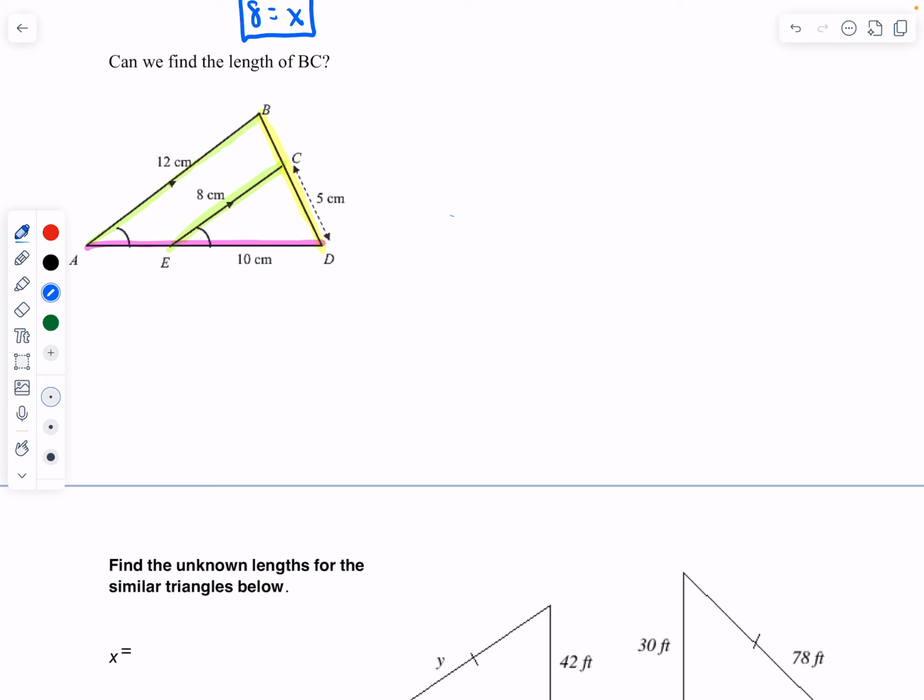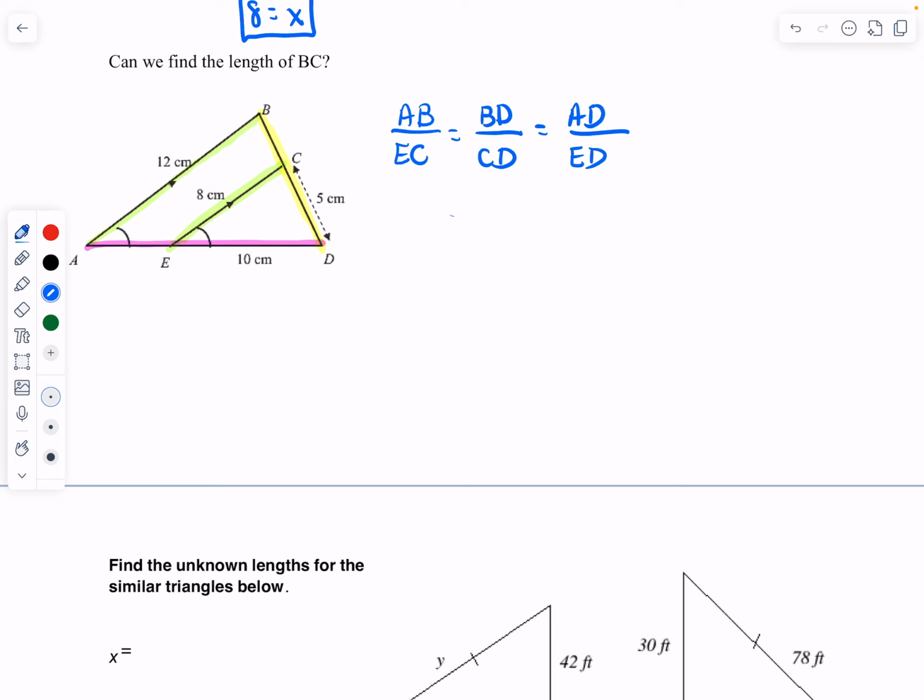Okay? So I'm going to set up AB, the bigger triangle, going to the smaller triangle, which is EC. Length of yellow is going to be the whole length BD, and the smaller one is CD. And then finally, pink is the whole length AD, and that's going to be set equal to ED.